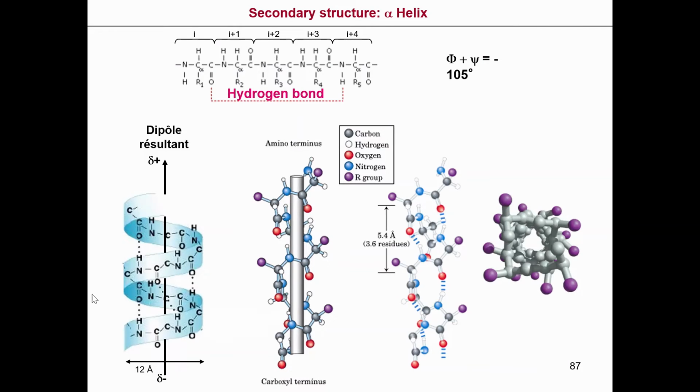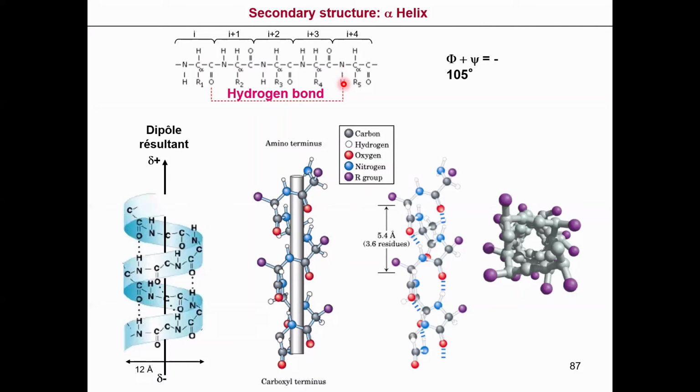So in the alpha helix, you have a hydrogen bond between the CO of the i amino acid and the hydrogen of the amide bond in the i+4 amino acid.